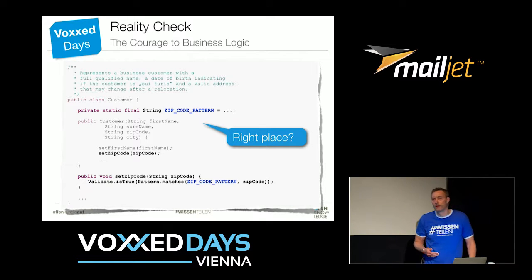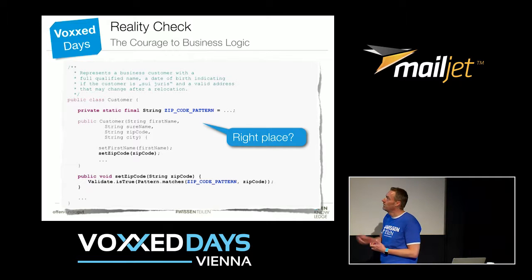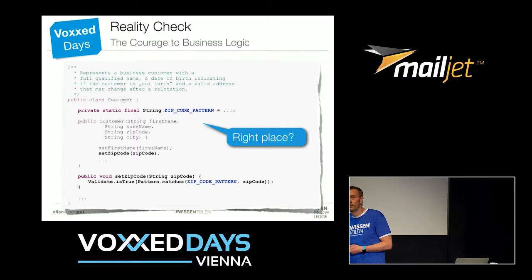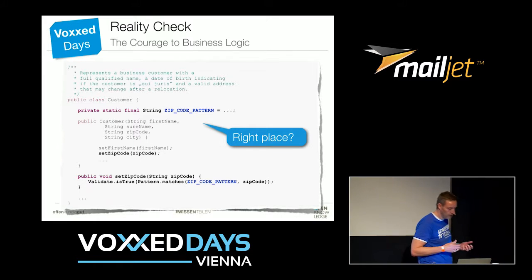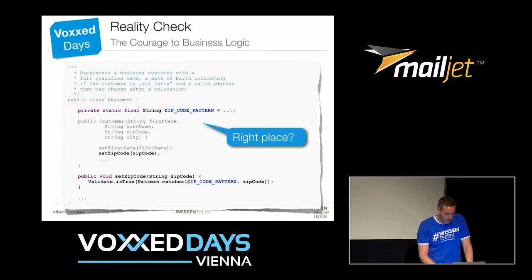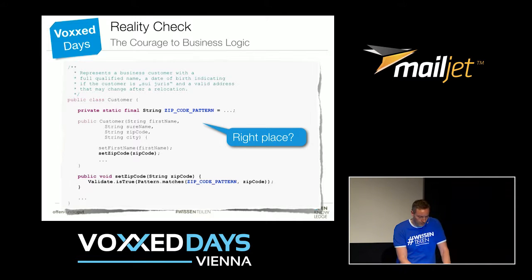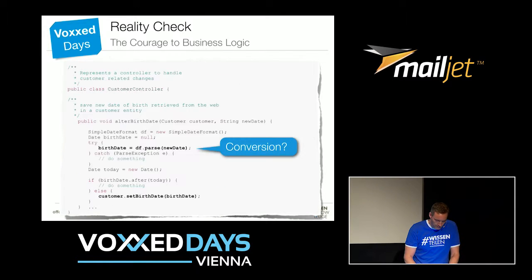But this also means that we have to place this pattern in all the classes where we need a zip code. And this is, of course, not the right place, because if the zip code pattern changes, we have to change it several times. And of course, you can argue zip codes never change, but in Germany, for example, we had this several years ago. So this seems not to be the right place.